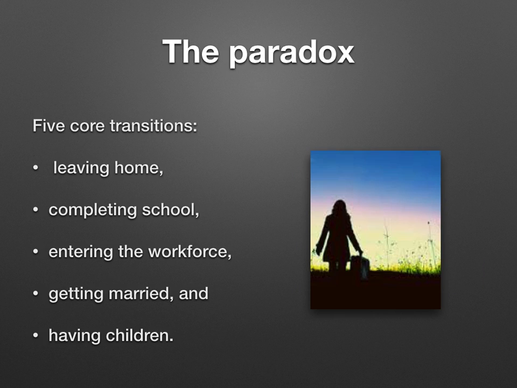The irony of this is that we've always had five core transition indicators, and they are things like leaving home, completing school, entering the workforce, getting married and having children. The paradox is that all of these are now happening later for young people. So they may be growing up earlier, but these indicators are being achieved later.